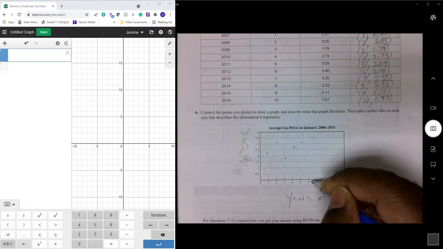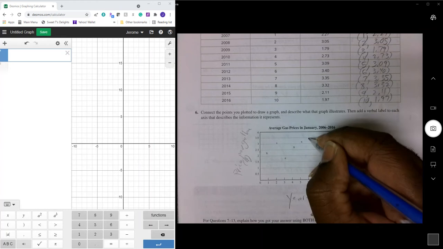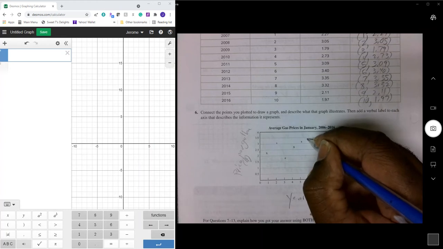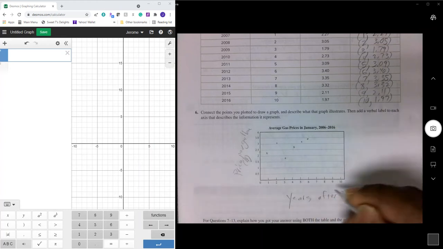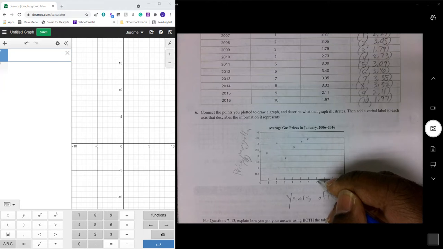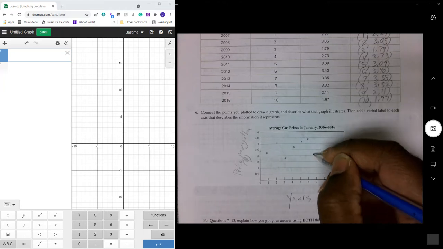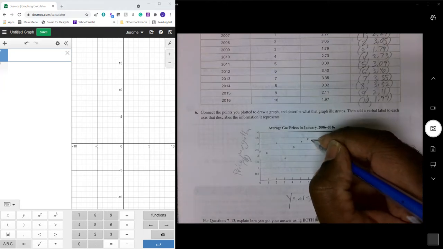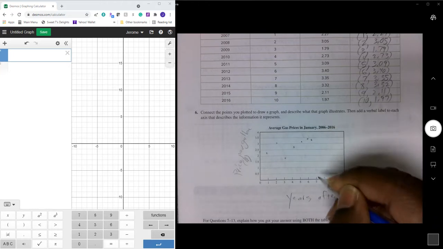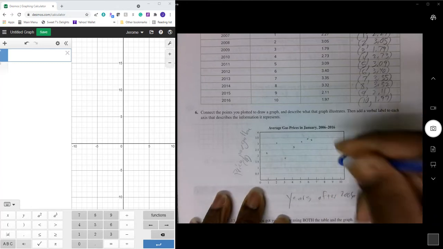We have 6, $3.40, should be close to the 3.50. We have 7, which is 3.35, which should be slightly lower. Then we have, oh, I need to erase that.